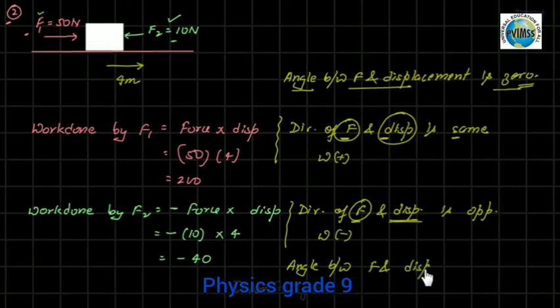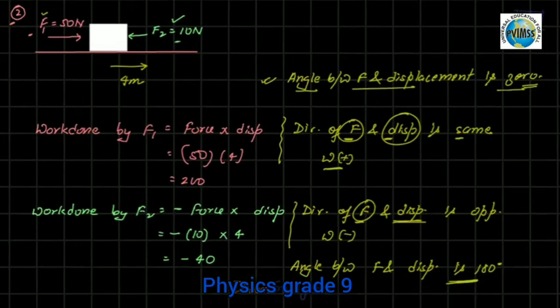When the angle between force and displacement is 180 degrees, then the work done will be negative. That's why we put the negative sign here. Angle between force and displacement is 0, work done will be positive, and angle between force and displacement is 180 degrees, work done will be negative.